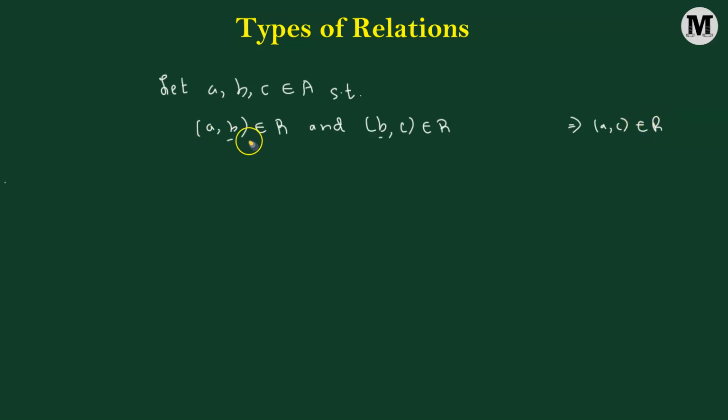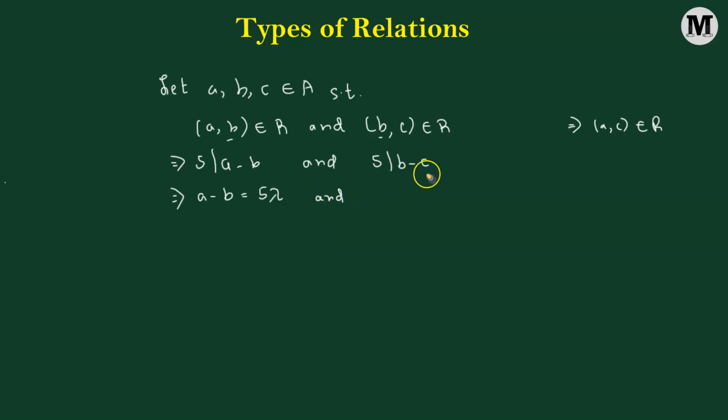Since A comma B belongs to R, this simply implies that 5 divides A minus B. And B comma C belonging to R simply means that 5 divides B minus C. Okay, fine. So now we have A minus B equals 5 times lambda. 5 dividing A minus B is the same as saying A minus B is a multiple of 5.